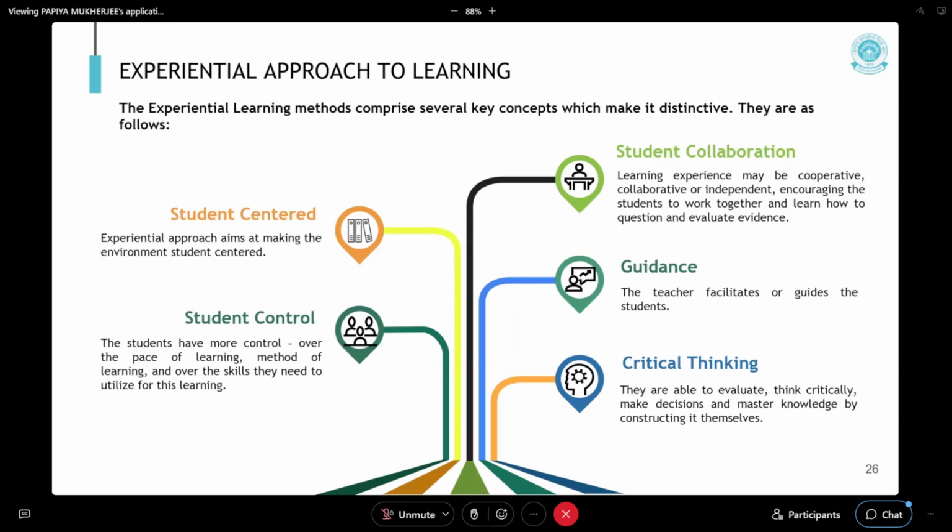The learning experience may be cooperative, collaborative or independent, and students will work together and learn how to question and evaluate evidence. It facilitates thinking critically, making decisions, and mastering the knowledge by constructing it themselves. The teacher facilitates or guides the students.